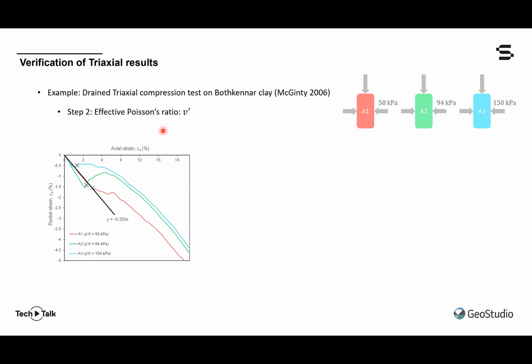In this case, we can see here that the slopes are all pretty well equal. And in fact, an average Poisson's ratio is obtained as 0.353, which is a very common value for soft clays.